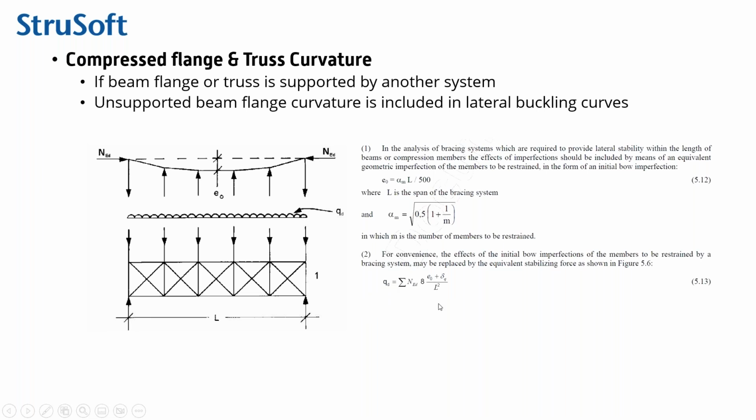Then you do your third iteration and again apply this QD back to the formula and get an even larger one. And after some 5 to 2 iterations, you will end up with your final QD, which is the loading to the bracing system. So that's how you do it.